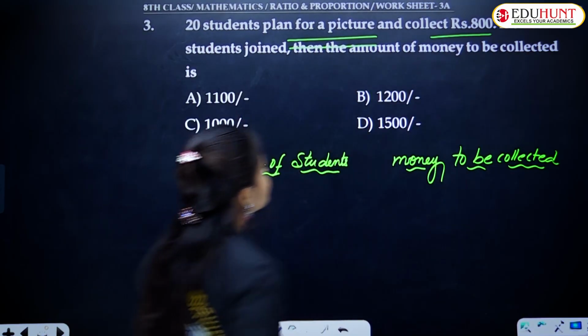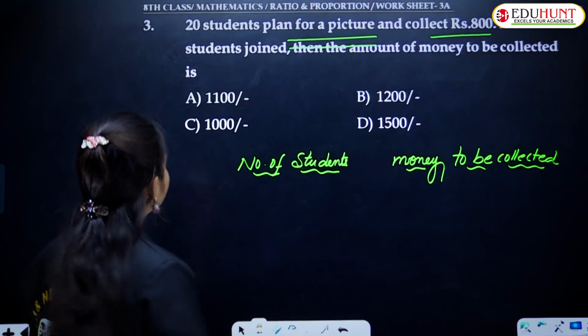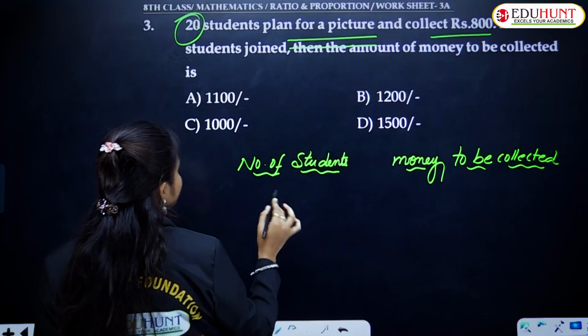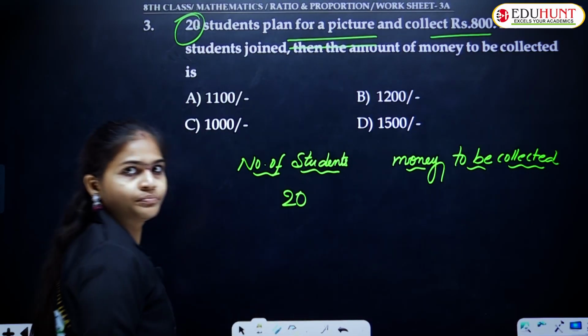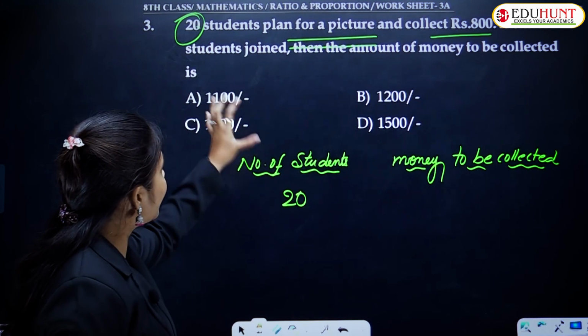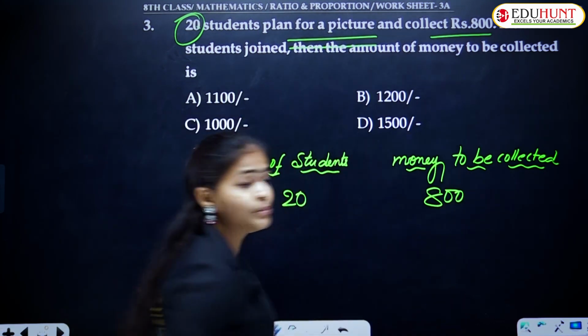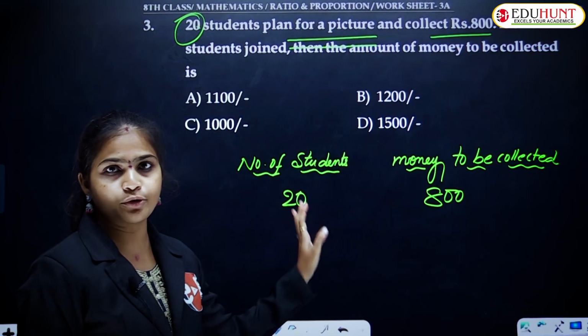Understand? So first, how many students are planned here to go to a picture? 20 students are planned to go to a movie, and they collected 800 rupees.